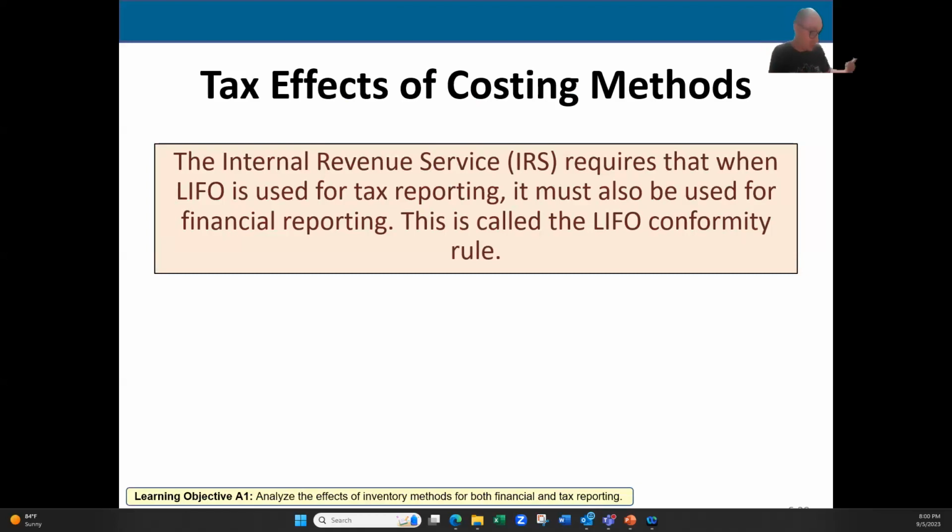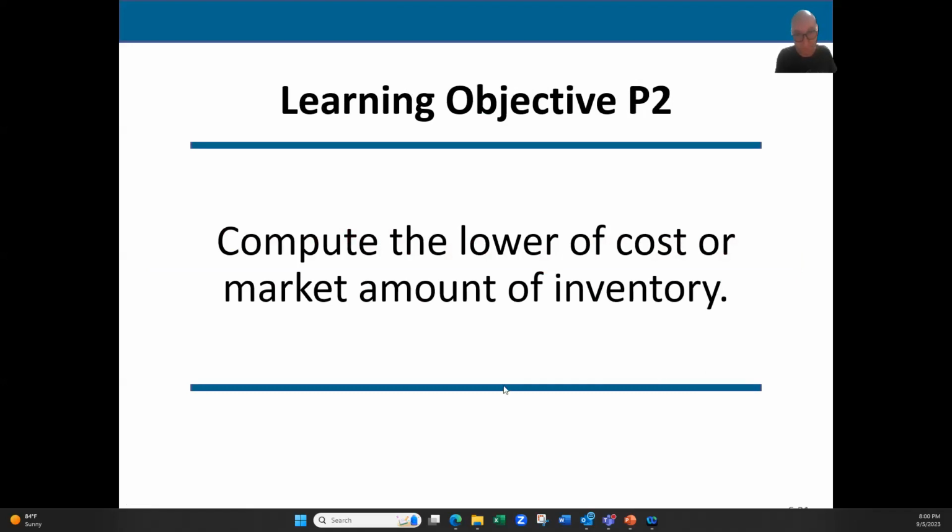As long as you convert it to LIFO for tax reporting, the IRS doesn't care. That's an advanced accounting course kind of question, but that's the reason why companies do a lot of things that are tax driven.